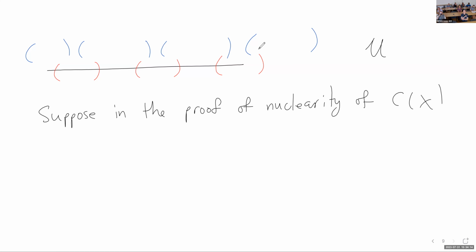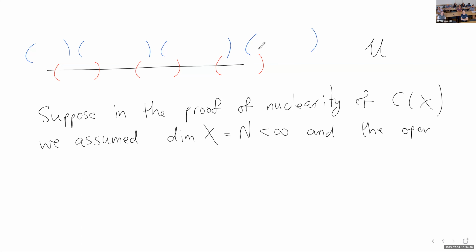We assumed that first of all, the dimension of X is n, finite. And this open cover we took, let's assume that it was also n-decomposable. And the open cover U is n-decomposable.